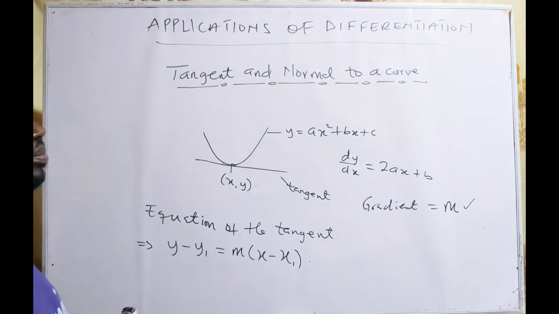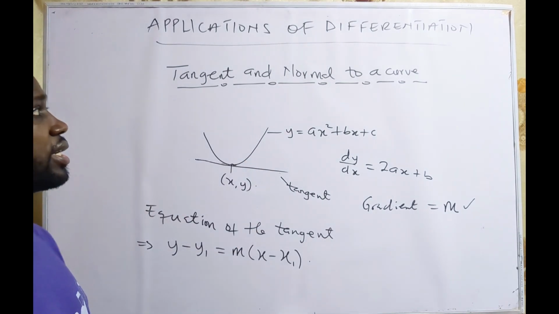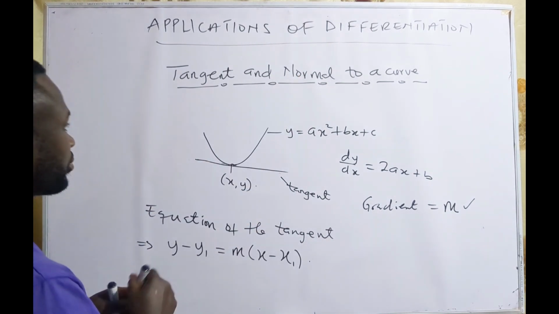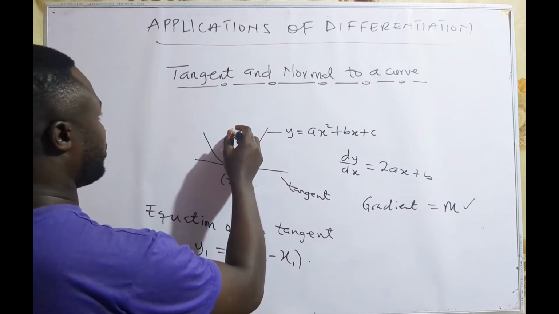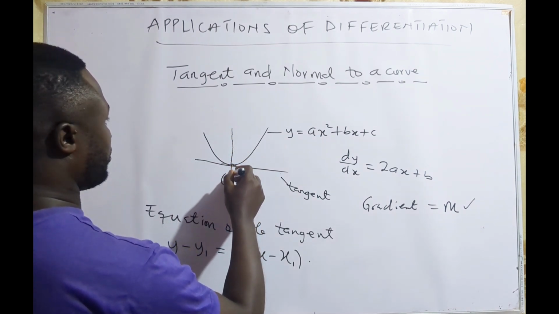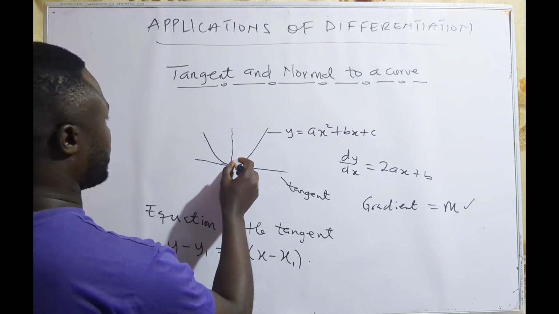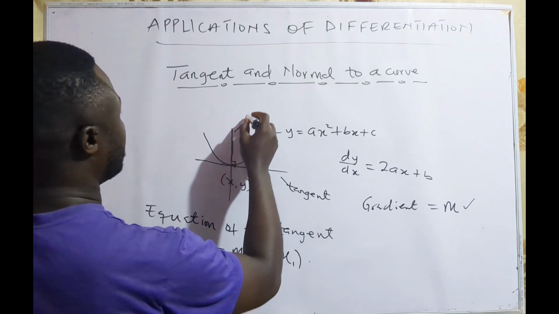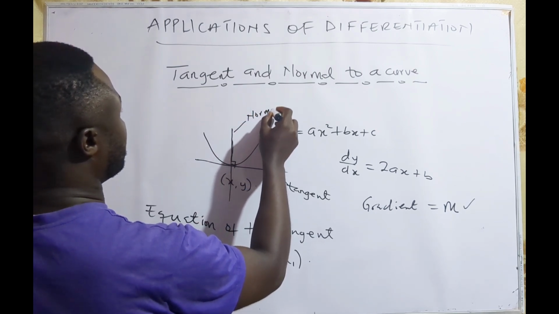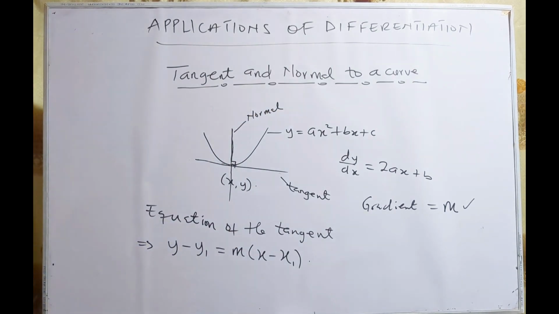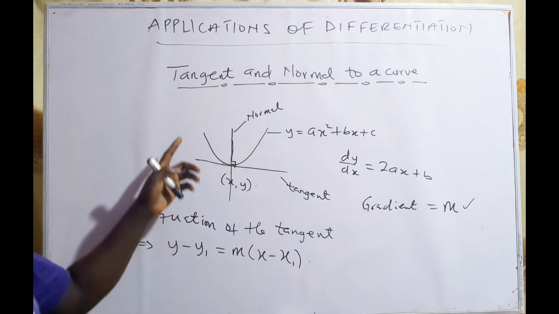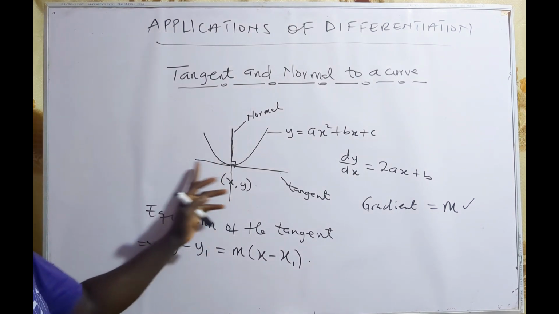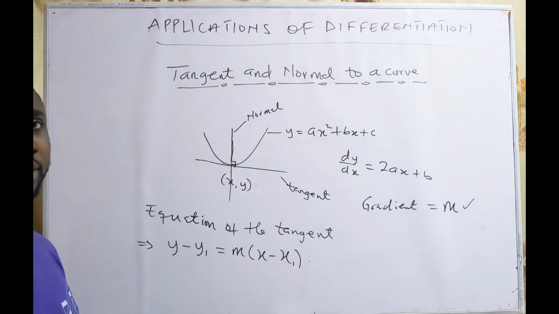And a line that is perpendicular to the tangent is the normal. So this can be my normal. The normal is a straight line that is perpendicular to the tangent.